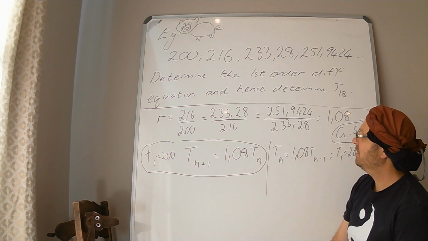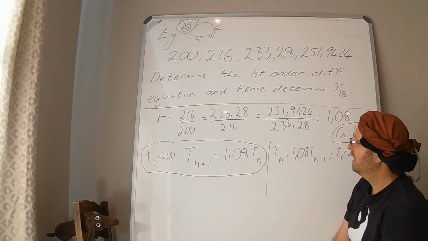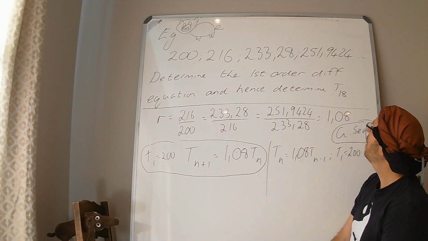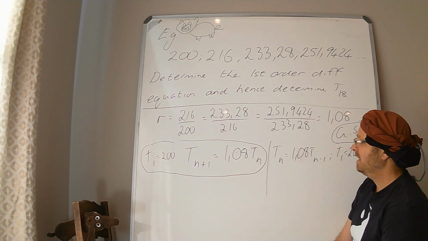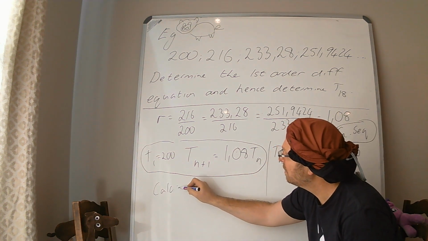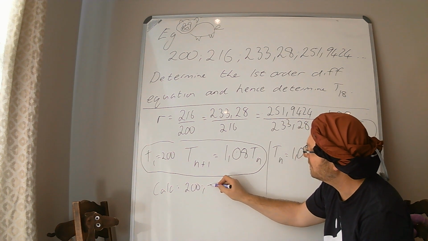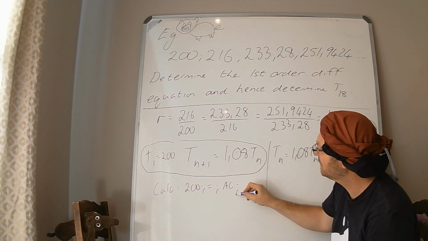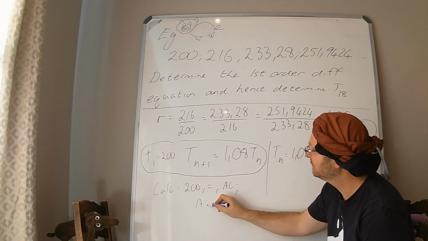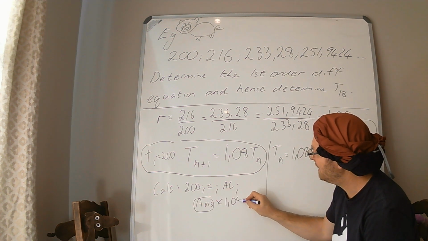Well done, Sarah. And now you have to work out, which Francis is going to do for us, the value of the term in position 18. On your calculator, you put in the first term, which is 200, press equals, clear it, and then you're going to go answer times 1,08, and then you're going to count.